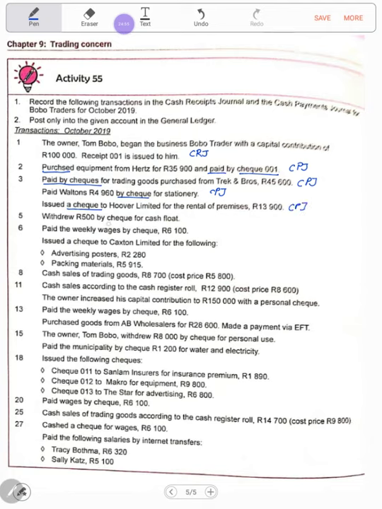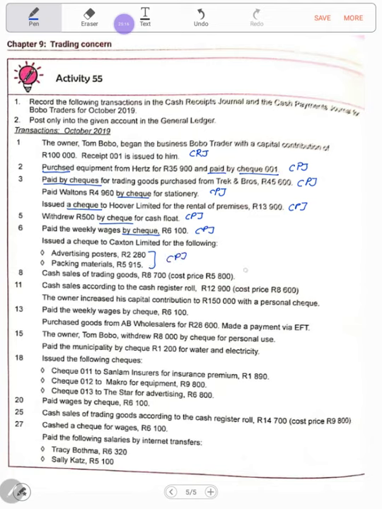We withdrew 500 by check for cash float, okay, CPJ. Paid the weekly wages by check, CPJ. Issued a check to Caxton Limited for the following, that will go to your CPJ.